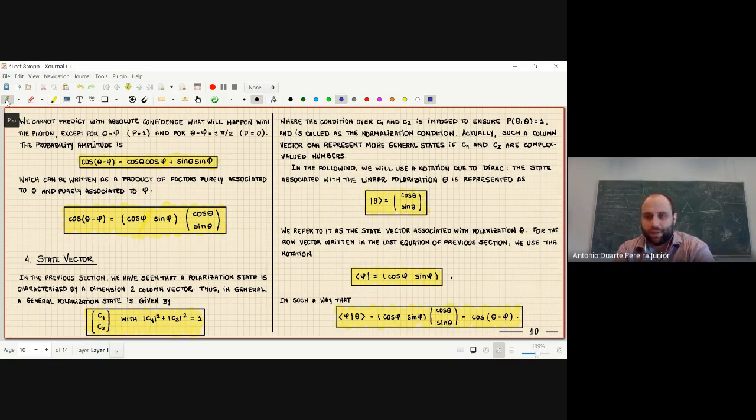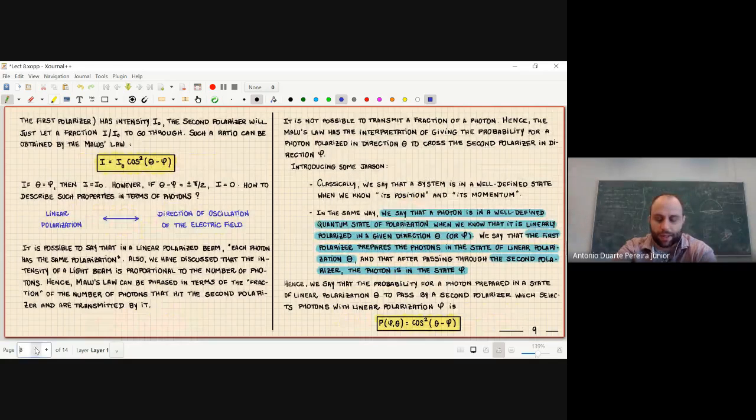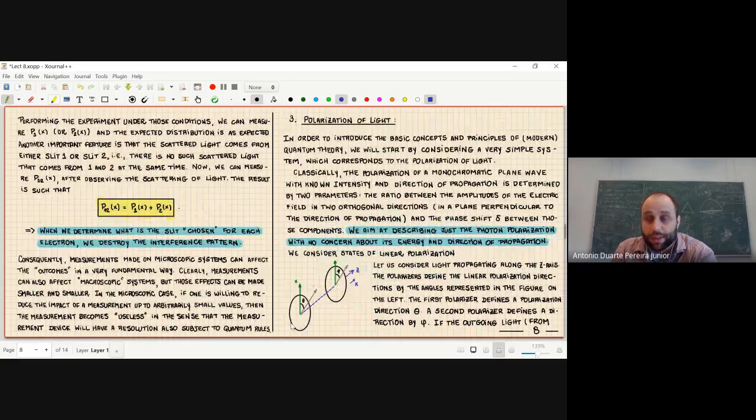Yeah, so that's a very good question. And as we're going to see, I'm choosing this order because my experiment has an order, right? First, I go through the polarizer in the direction theta, and then I go to the second polarizer in the direction phi. And that's why I have chosen first the ket theta and phi as the bra.